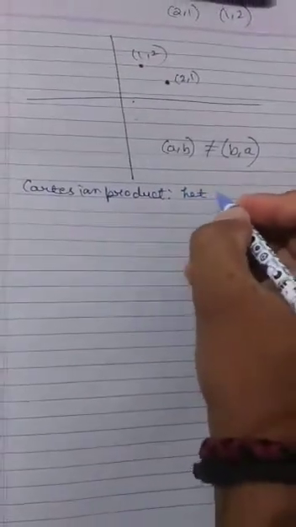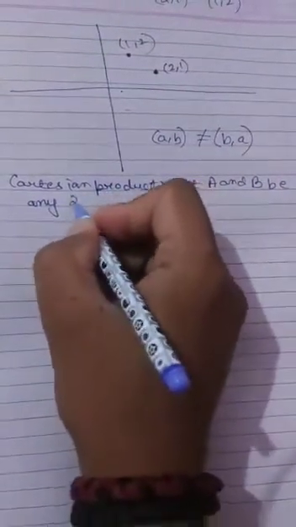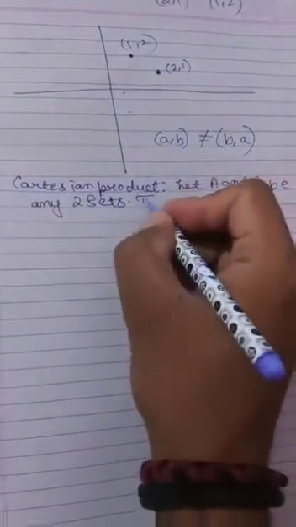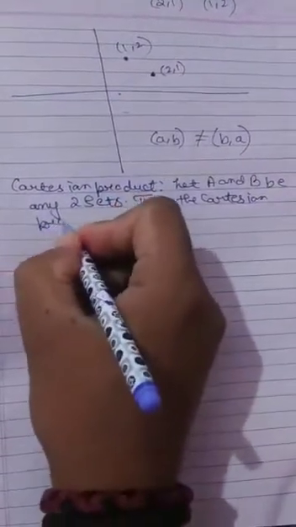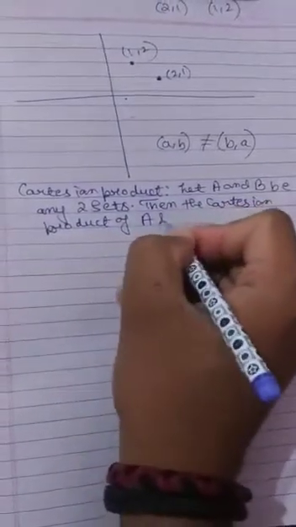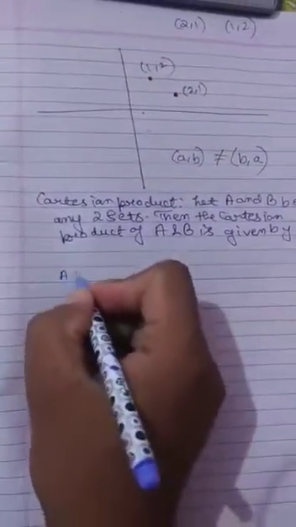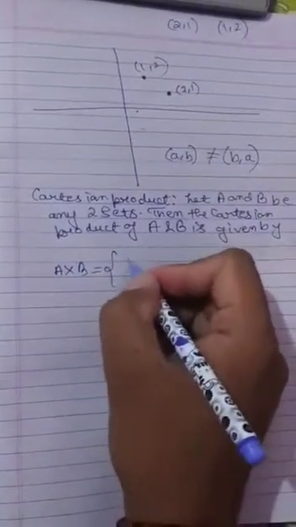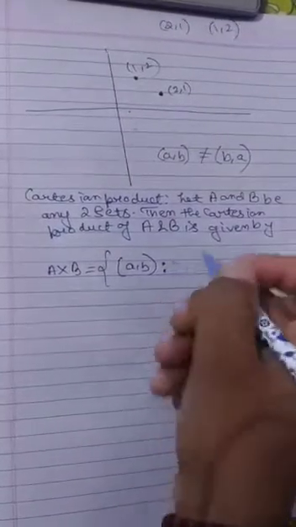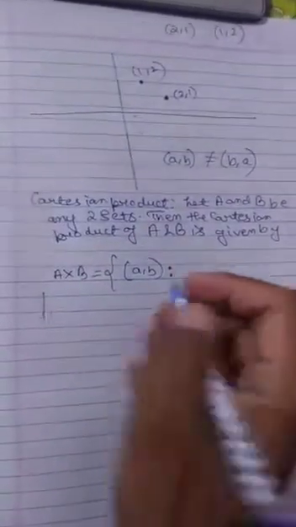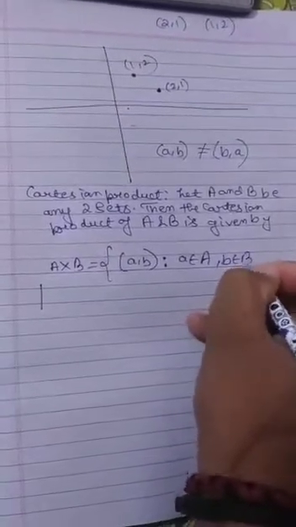First of all, let A and B be any two sets, then the Cartesian product of A and B is given by A cross B. If we write it in set builder form, ordered pair A comma B such that, either you can use this sign or this simple sign, such that A belongs to A and B belongs to B.